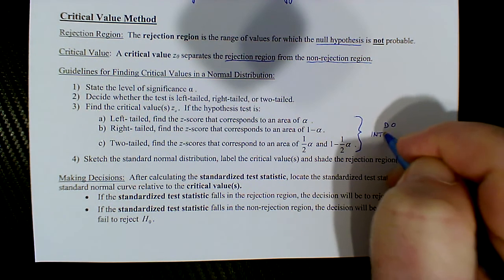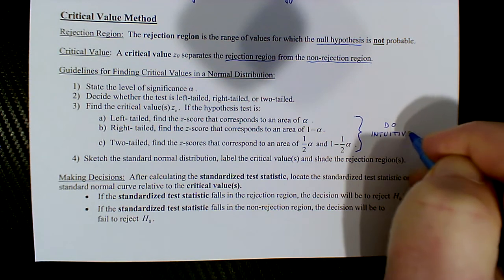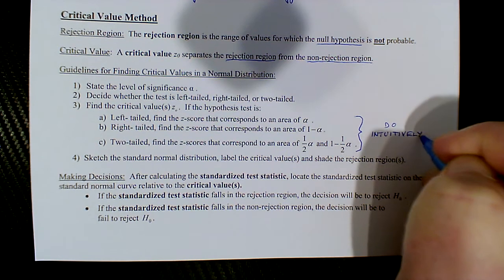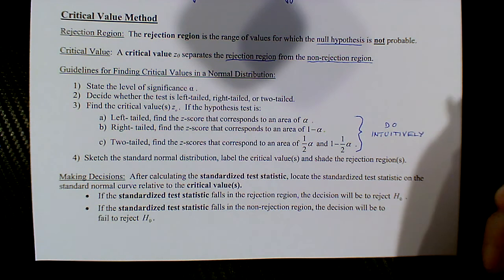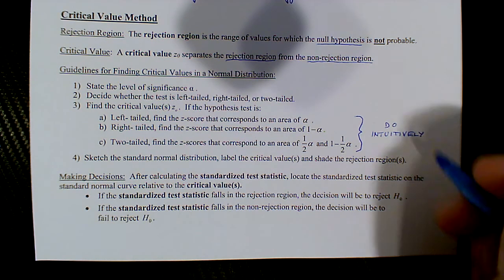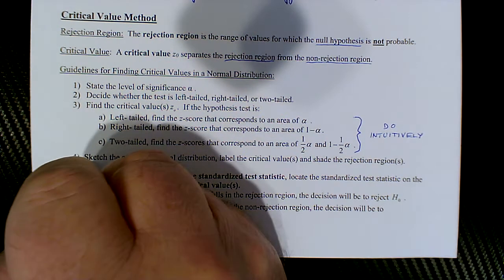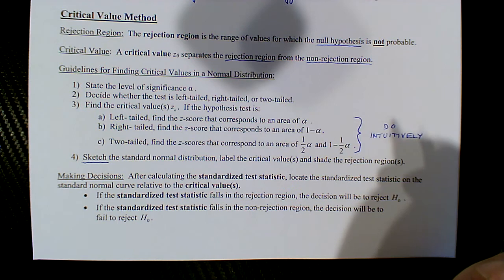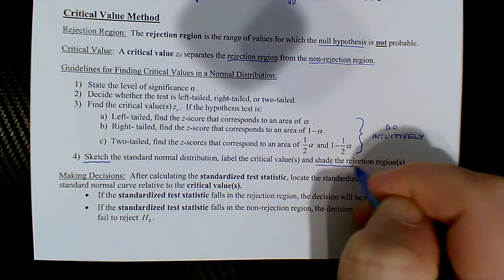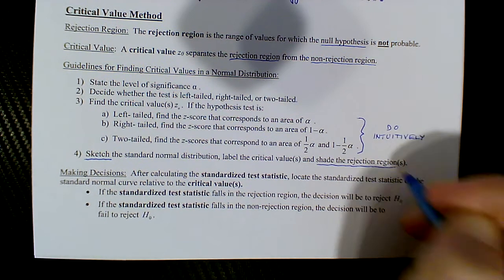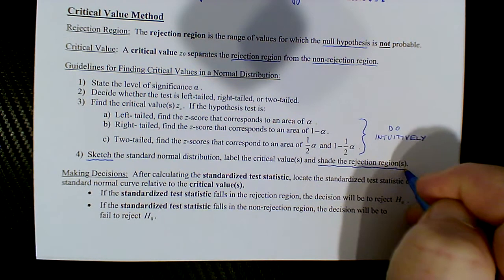But if you like the use of the formulas, that's fine. And we're always going to want to sketch and make sure we shade the rejection region, and that will help us through the region or regions if it's two-tailed, and that'll help us through the process.